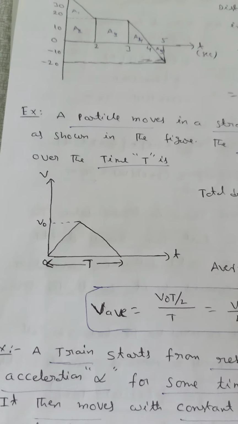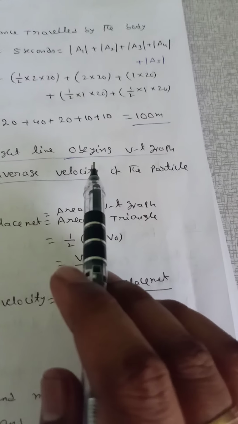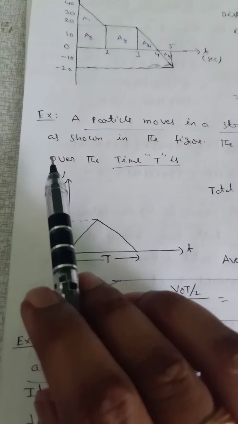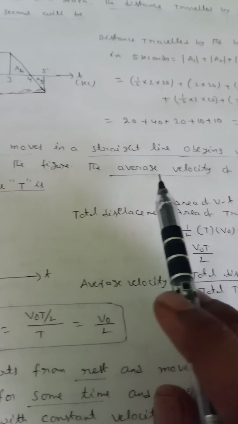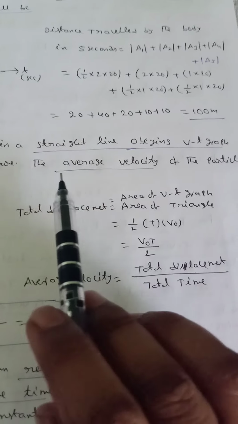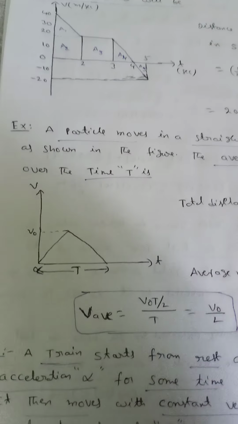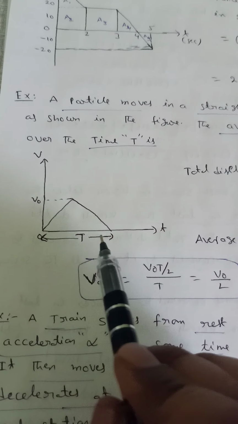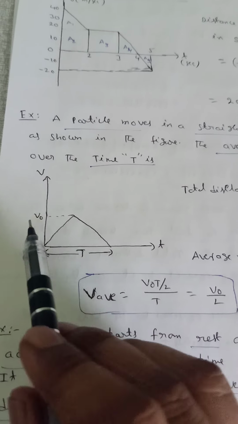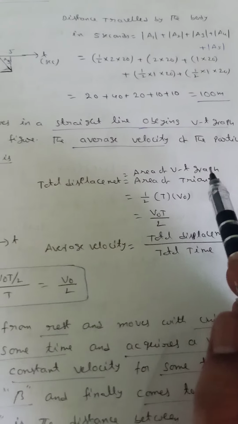And another important model: a particle moves in a straight line obeying the velocity time graph as shown in the figure. Average velocity means total displacement by total time interval of the particle over a time t. This is the maximum velocity. Total displacement means the area of the velocity time graph.